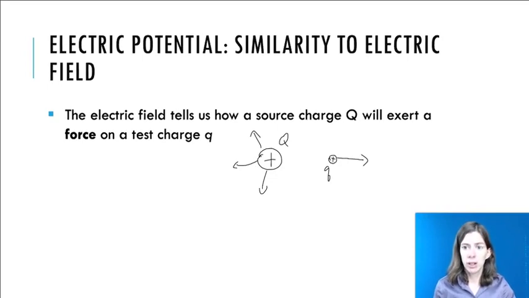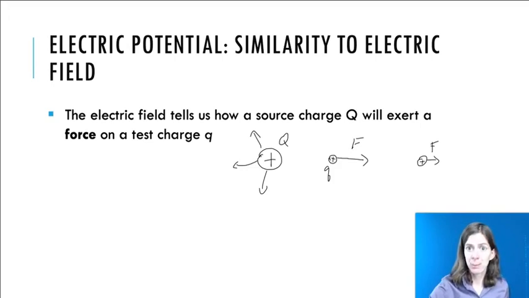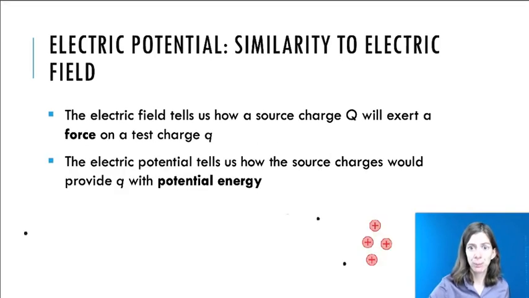If we put the test charge further away, then it will experience less force. And this is because there is less electric field. The electric field is weaker at this point. So the electric field tells us how much force the test charge is going to experience if it is placed within that field. So now we're ready to talk about the electric potential.